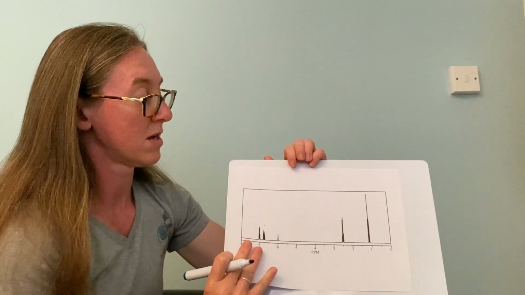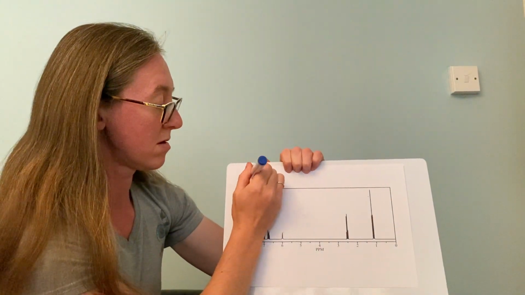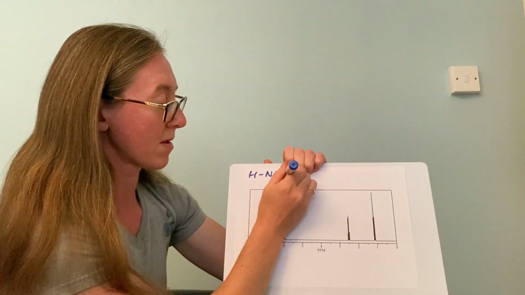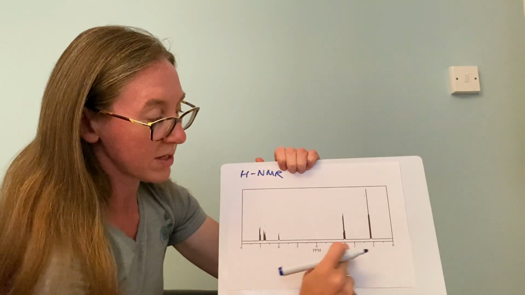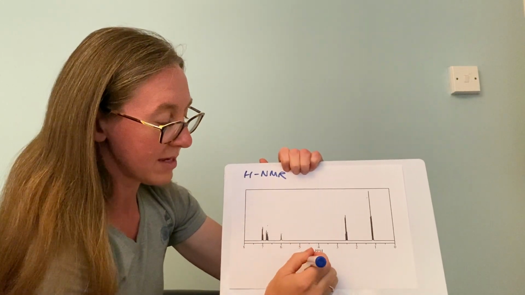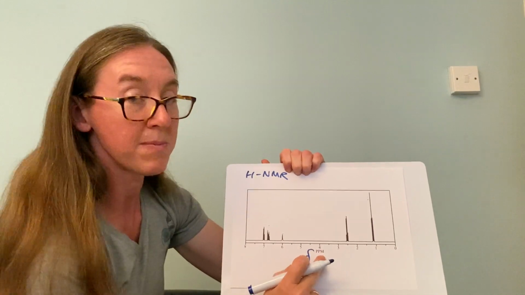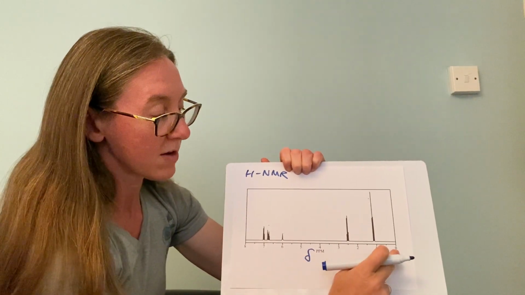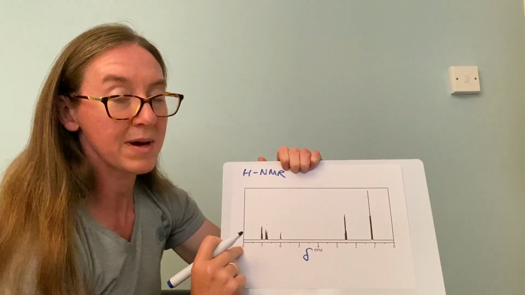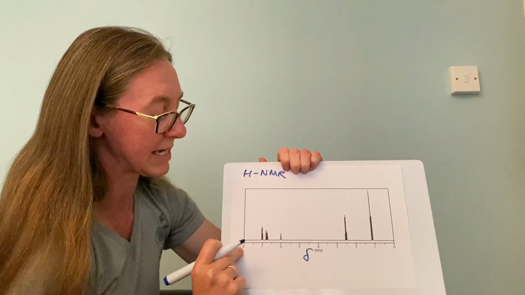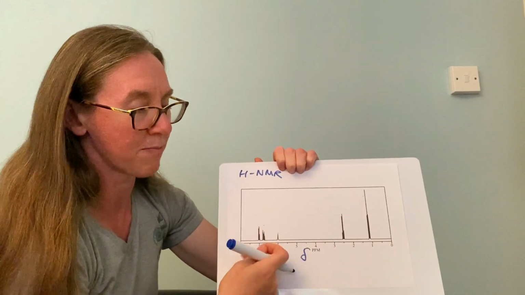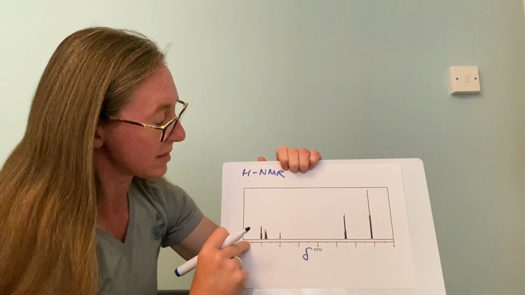And then we've also got what we call proton NMR, which looks similar. You've got a scale at the bottom. Again, this is chemical shift in ppm, parts per million. It goes from 0 up to about 8 or 9, sometimes 10. This one, again, our scale is backwards for historical reasons.